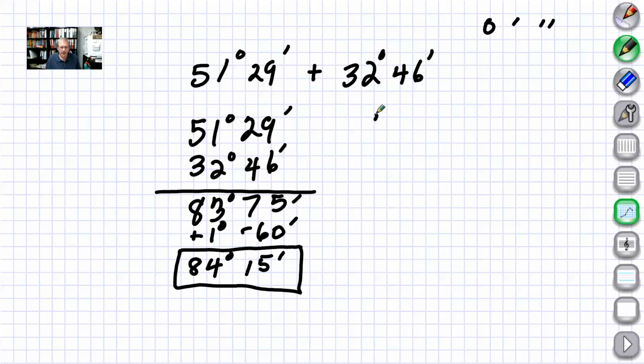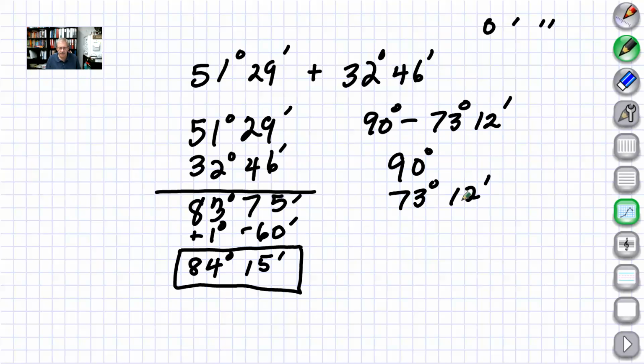Okay, another problem they had was 90 degrees minus 73 degrees, 12 minutes. But if we go to subtract this, we don't have any minutes to subtract from. We have to be able to subtract from something.